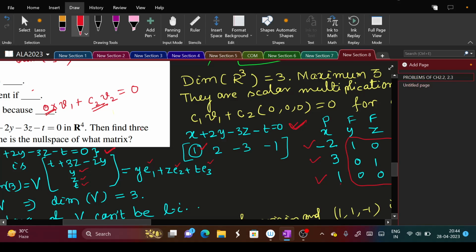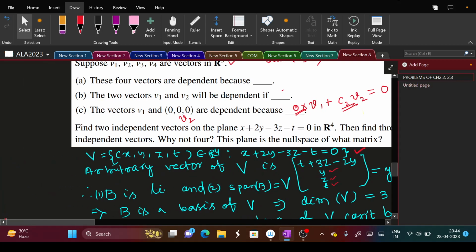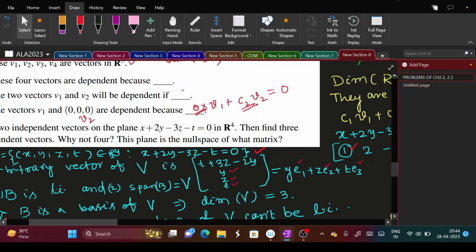That means every vector of V can be obtained from the span of E1, E2, E3. That is, B is linearly independent and the span of B is equal to V, hence B is a basis for V. That implies, as B has 3 vectors, the dimension of V is 3.